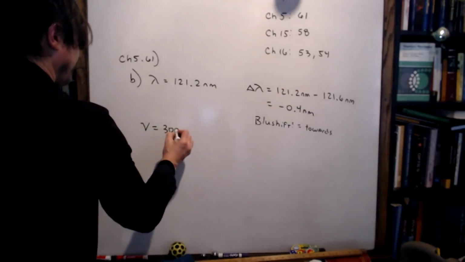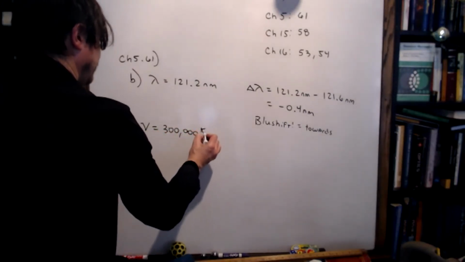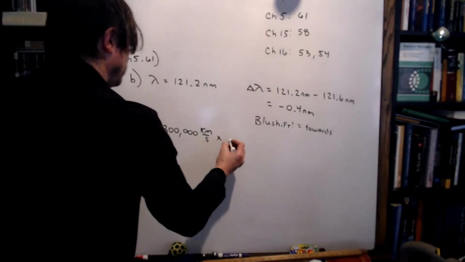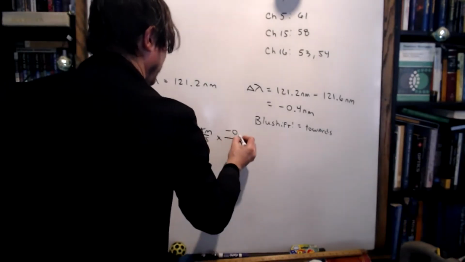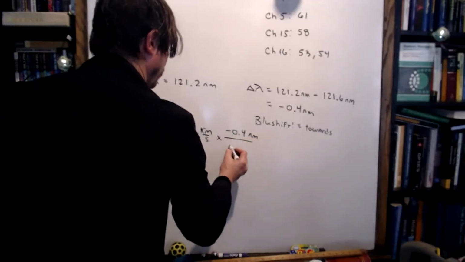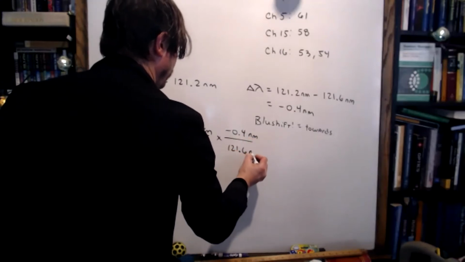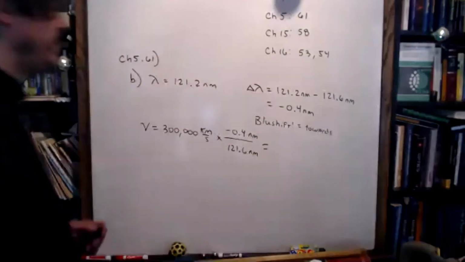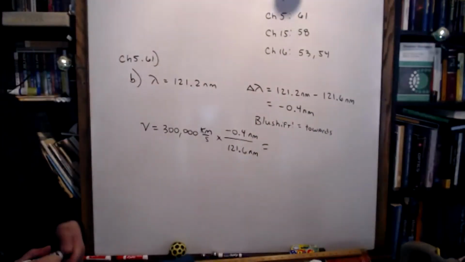So now we have 300,000 kilometers per second times negative 0.4 nanometers over 121.6 nanometers. That's a little nicer to look at. Why don't you guys punch it up?